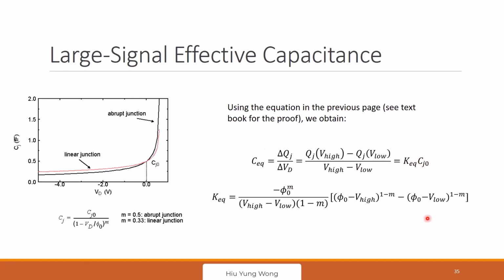They already proved this. This is the final result. This is like V1, V high, and then V low. It's just an equation. We are not going to prove it, but you know all of these terms already. Okay, I will stop here. Any questions?